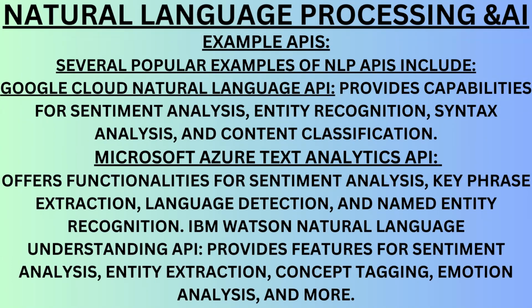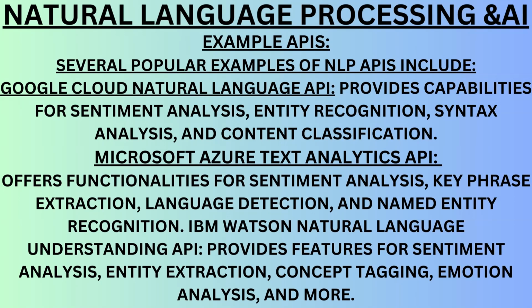Example APIs. Several popular examples of natural language processing APIs include Google Cloud Natural Language API, which provides capabilities for sentiment analysis, entity recognition, syntax analysis, and content classification.